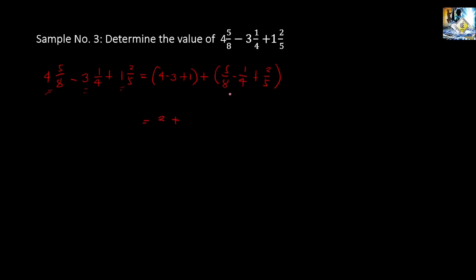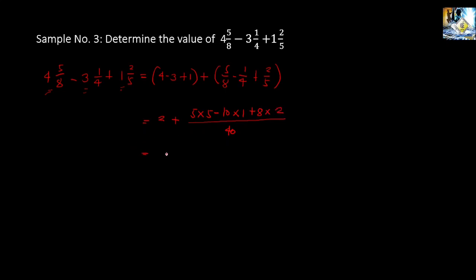Okay, so 8, 4, 5. Okay, this is the least common multiple. This is 40. 5 times 5 minus 10 times 1 plus 8 times 2.